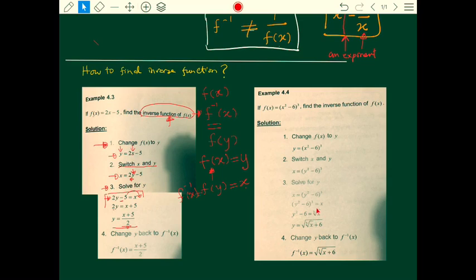So x will become the cube root of x, and then y squared minus 6 no longer has the power of 3 here. And your final answer will be in this form. So to get the f inverse, you just change the y back into the notation of f inverse.